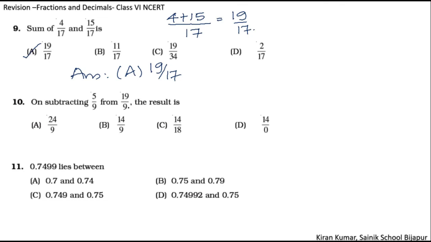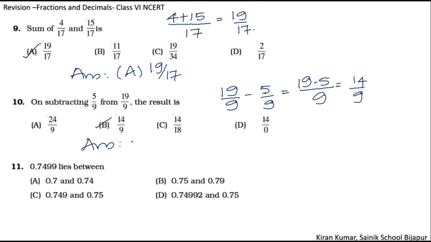Since the denominators are same, the smaller number is 5 by 9, so from the larger number I need to subtract the smaller number. So 19 minus 5 will be 14 by 9. This is present in option B. So the right answer is option B, 14 by 9.